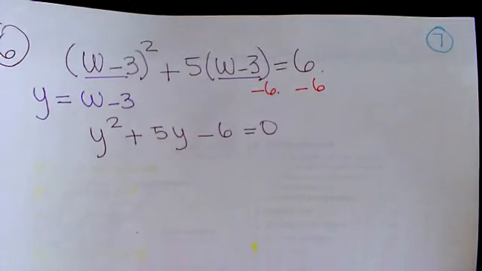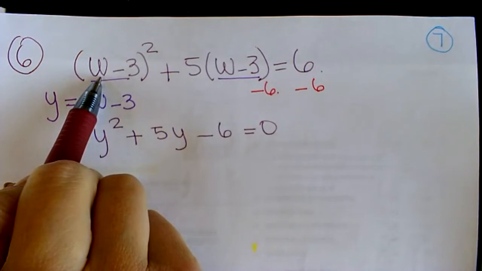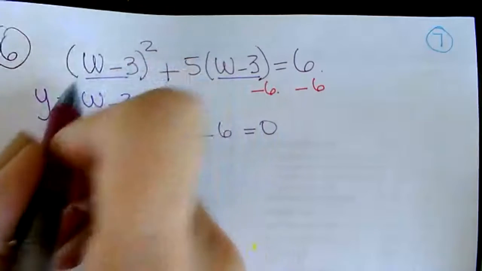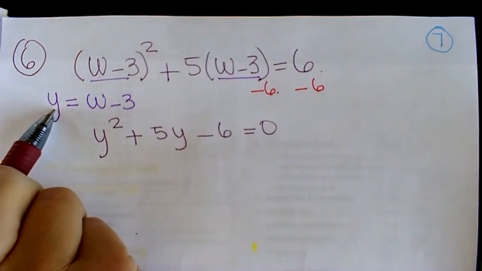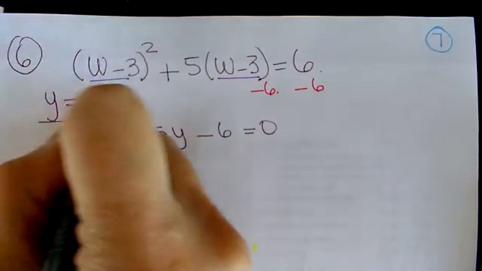But where do you get the y? It's right here. It says y minus 3. So instead of using this whole thing, y minus 3, I'm going to replace it for y. I'm going to substitute it for y, just for now.